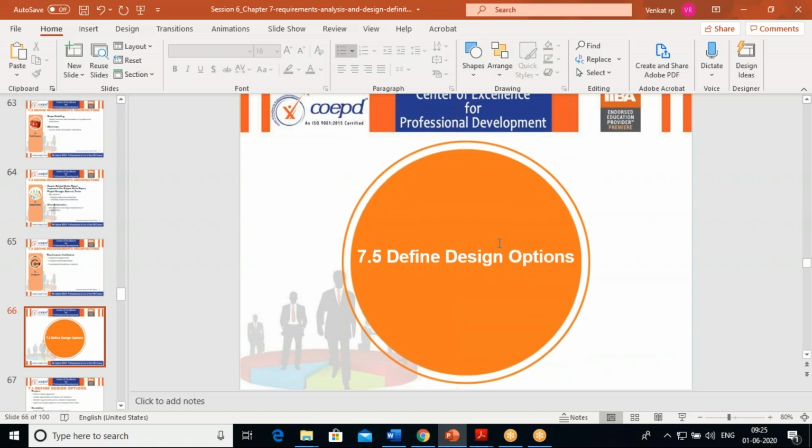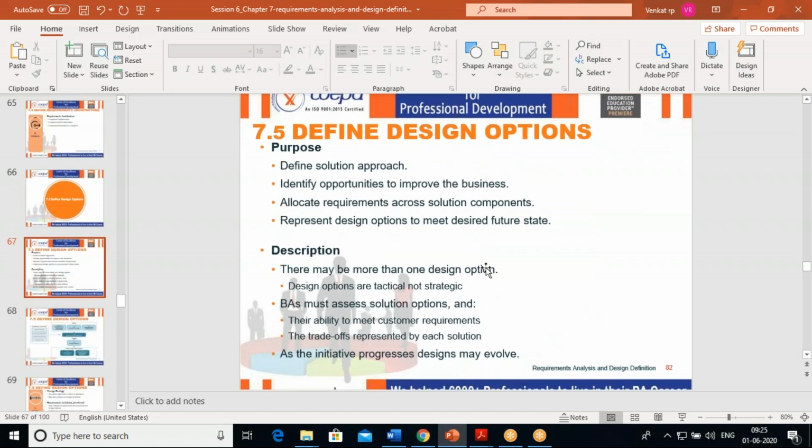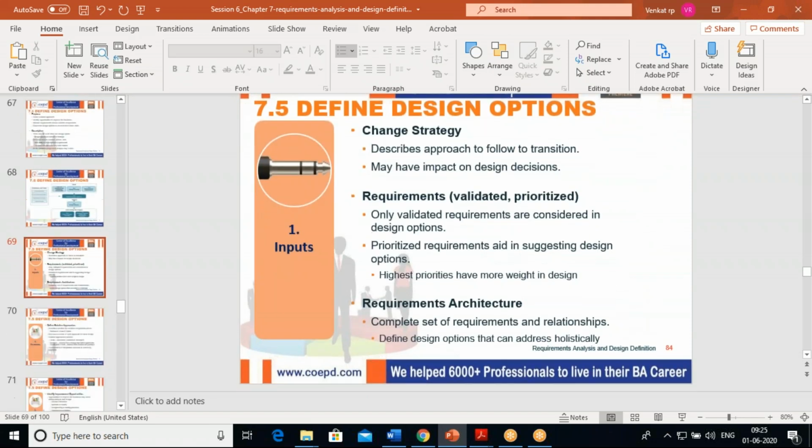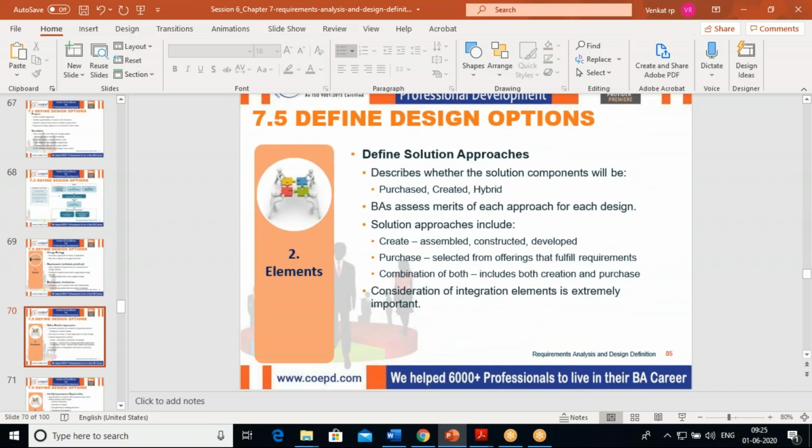What is that? Okay, and the next one is we are going to define design options, like how many approaches there are for us to get to the solution. And it has four elements here. The first one is define solution approaches.